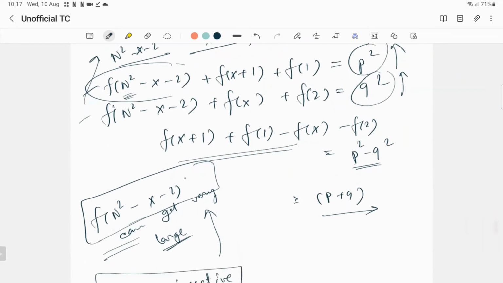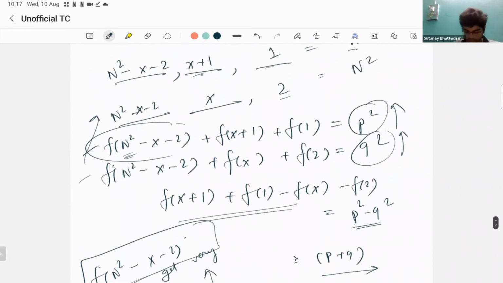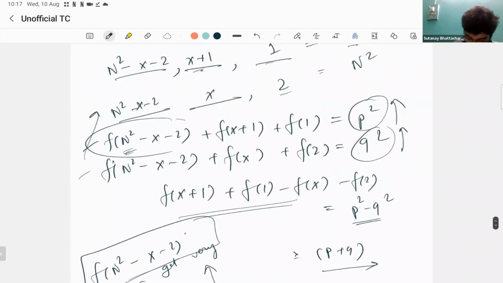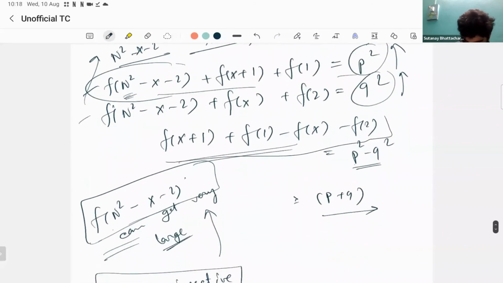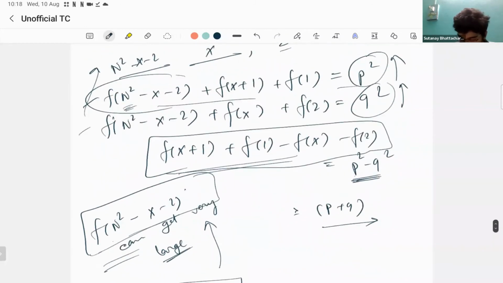Wait, actually, can you repeat the argument for injective implies unbounded? Yes, good point. What we saw here is that we took these two triples and figured out that this quantity is equal to p squared minus q squared. If p and q are not equal, which means this is not zero, then this is at least p plus q.